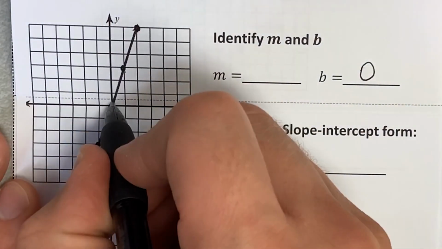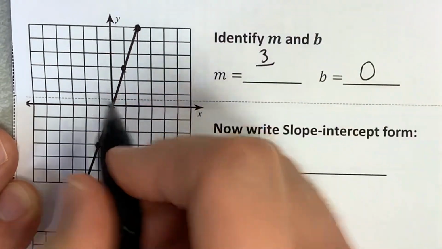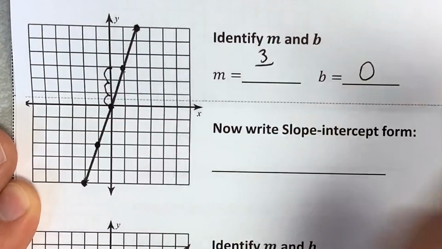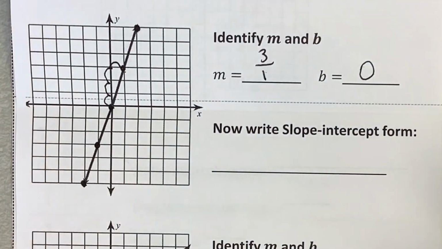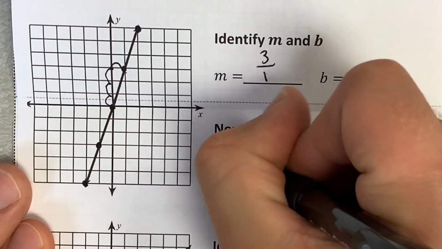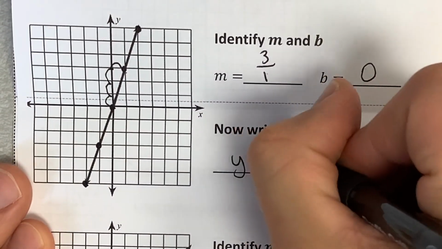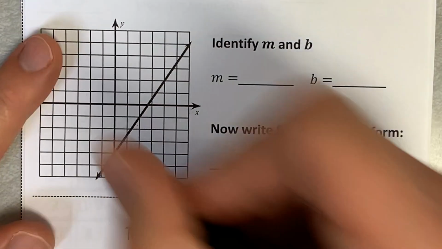We'll have to go up. 1, 2, 3. Up 3 is positive. And then I have to go 1 right. That's also positive. So my slope is 3 over 1. If I write that in slope-intercept form, y equals mx plus b. Done.